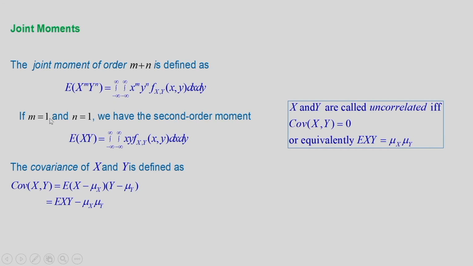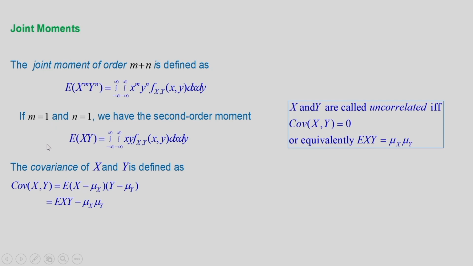Particularly, if m is equal to 1 and n is equal to 1, we have the second order moment E of x y. Here it will be x y multiplied by the joint PDF, and you will integrate from minus infinity to infinity. The second order moment E of x y is also called the correlation between x and y.